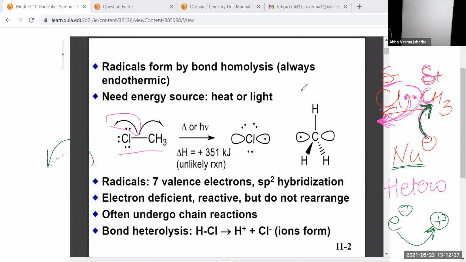So what does this arrow and this arrow differentiate? It differentiates complete movement of electrons from one part to the other, plus it is always a unidirectional flow. Unidirectional means everything happened like this. The nucleophile came in, attacked the electrophile, the leaving group left.